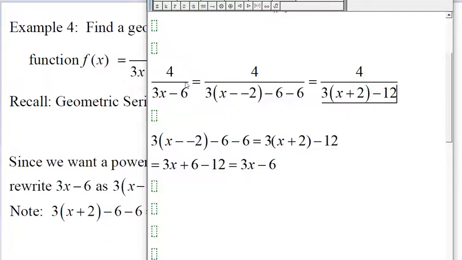So the original 4 divided by 3x minus 6 is now 4 divided by 3 times x plus 2 minus 12.